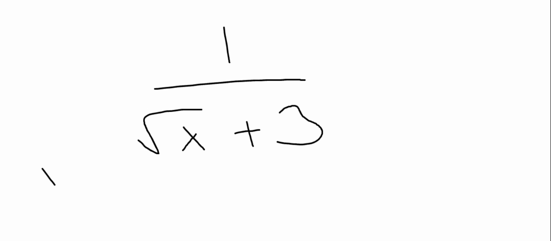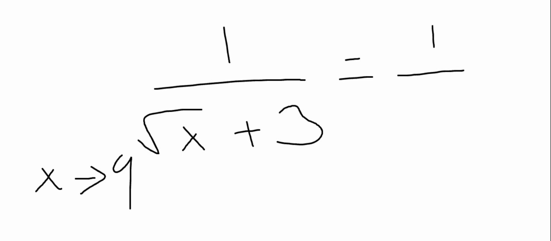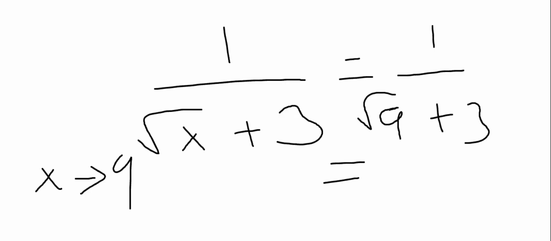So right now it is possible for us to approach x to 9. As x approaches 9, it won't give us a 0. We have this, which when we replace with 9, we have this, which will actually equal 1 over 6.